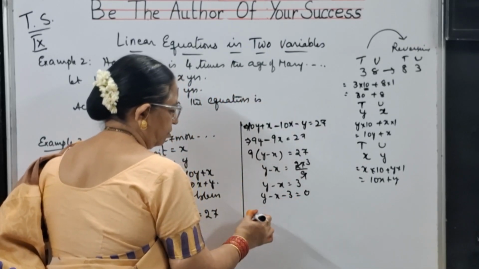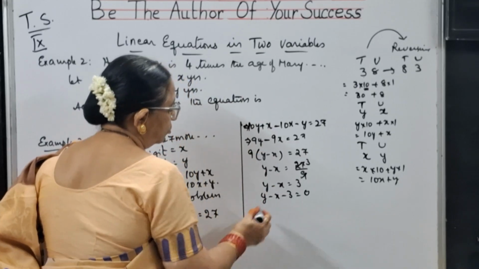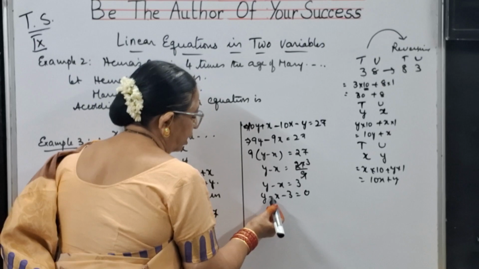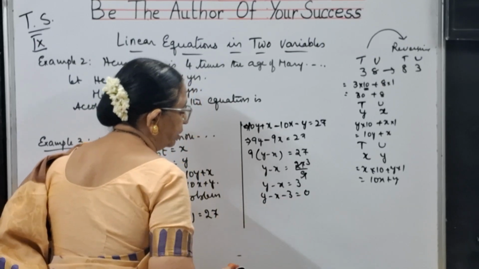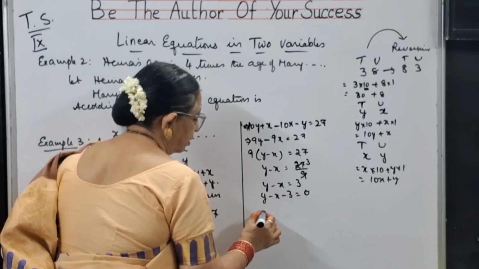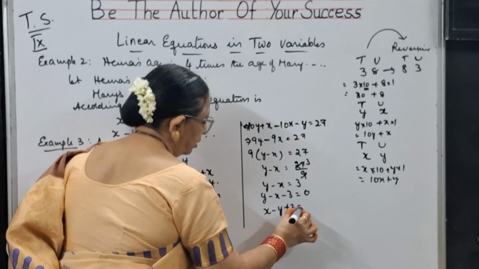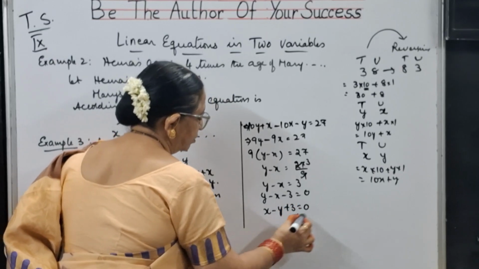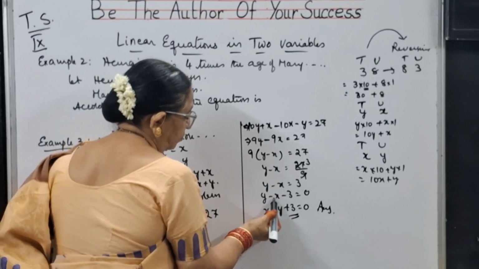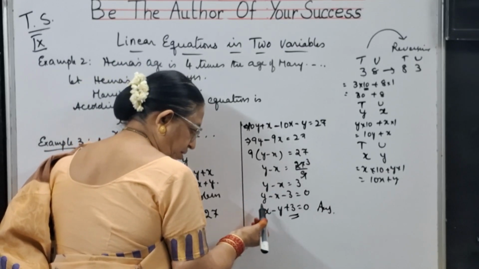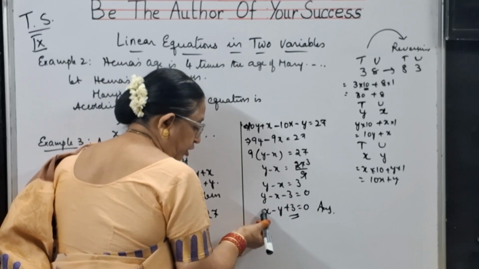That means x minus y minus 3 is equal to 0. Usually we write x in the beginning, y afterwards. I can write it as x minus y minus 3 is equal to 0. You can consider this as the answer. Children, why did I do it? See, if x is having a minus sign and I give it the first position, I should write minus.